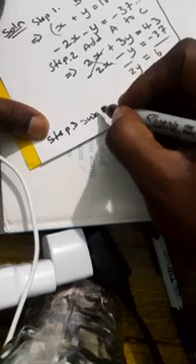So you're going to say step 3: substitute y equal 3 into B to solve for x. This time we solve for x, we don't solve for y.